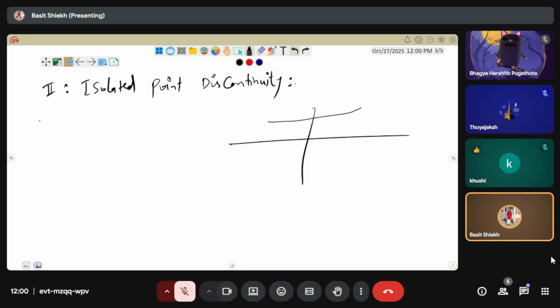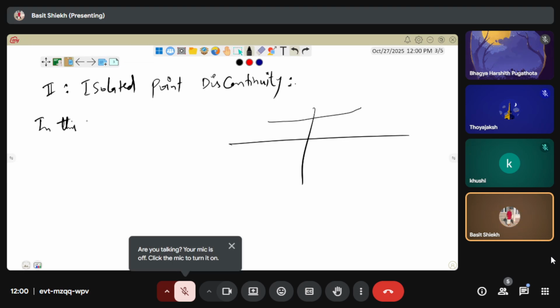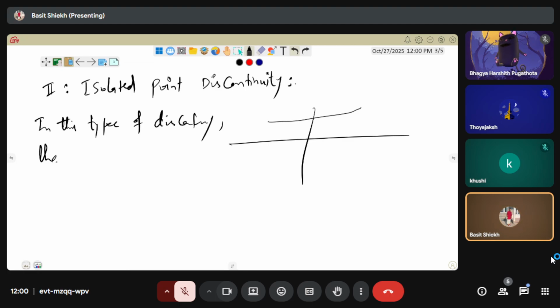Isolated point discontinuity. In this type of discontinuity, the limit... Sir, once explain the previous topic, the previous slide.